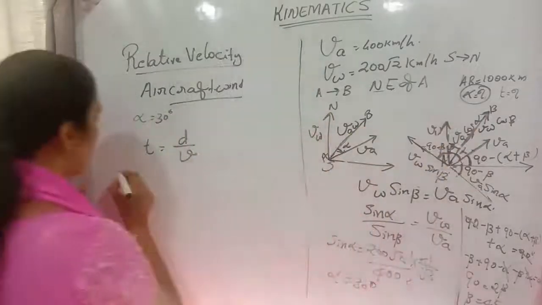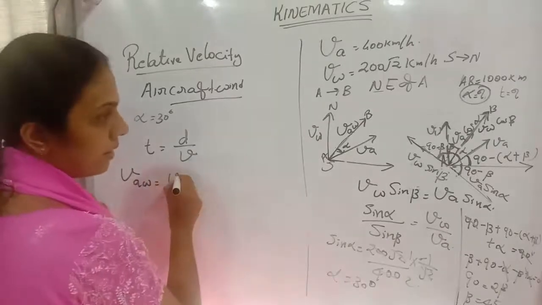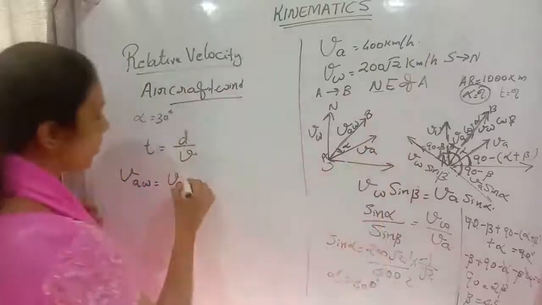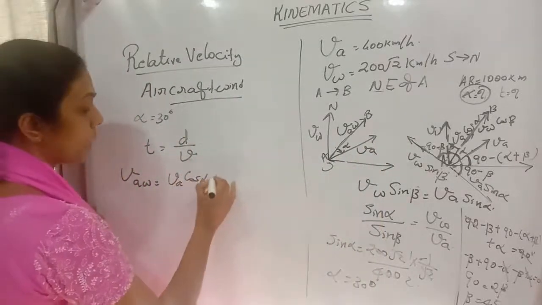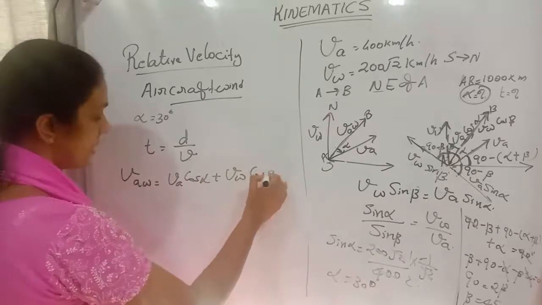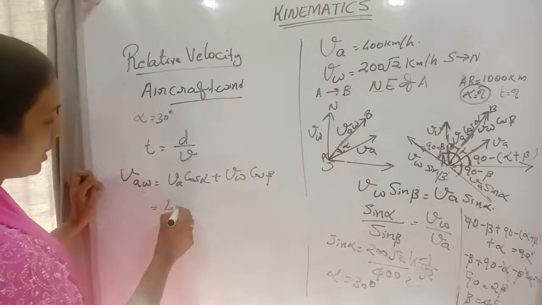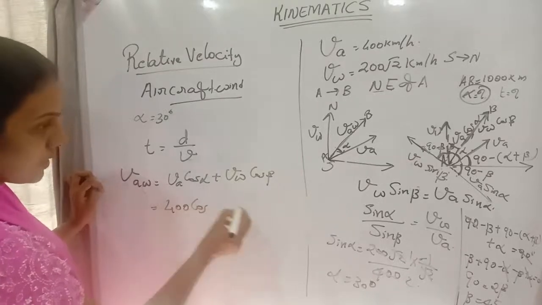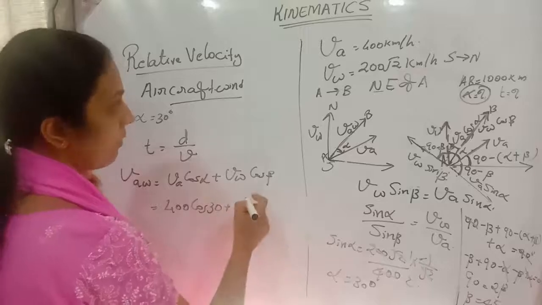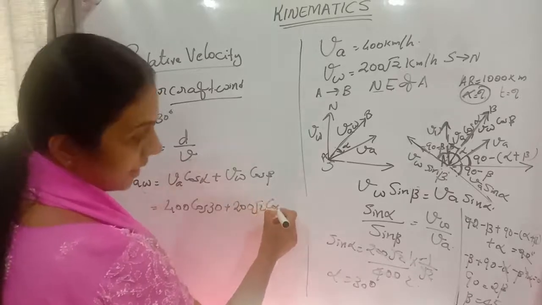What is that? VAW will be equal to VA cos alpha plus VW cos beta. VA is 400, cos alpha is cos 30, plus VW is 200 root 2, cos beta is cos 45.